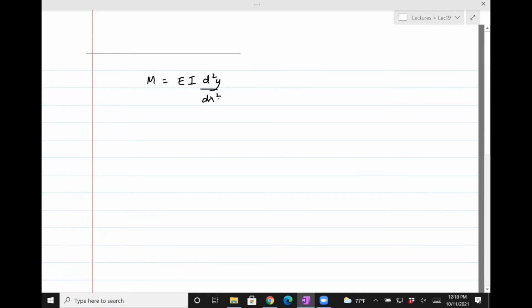What I know now is that the shear force is the rate of change of bending moment, and so that is equal to EI d cubed y by dx cubed.